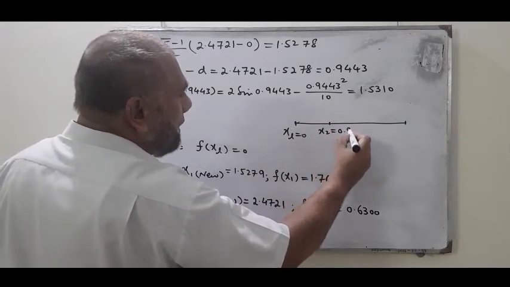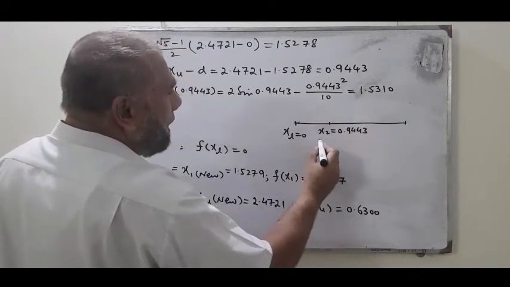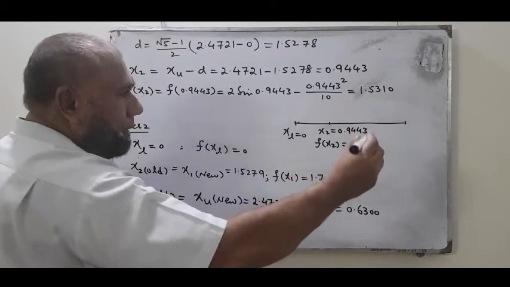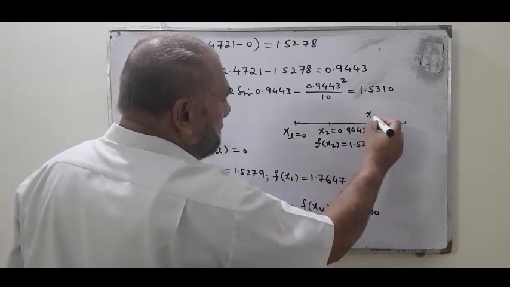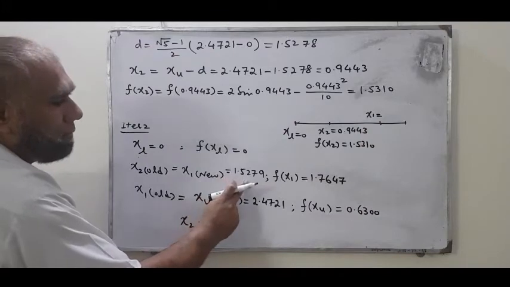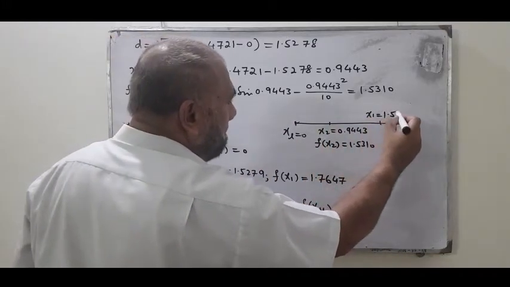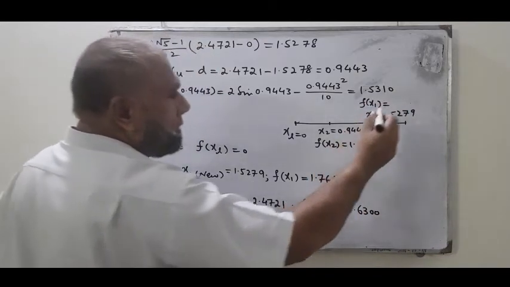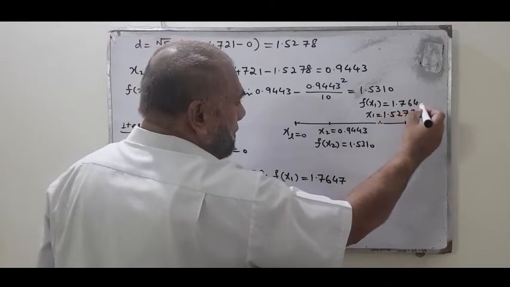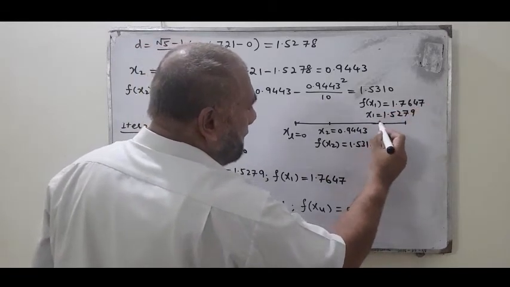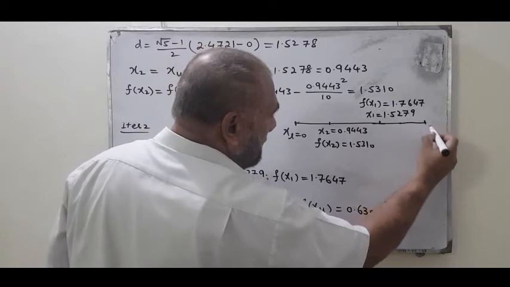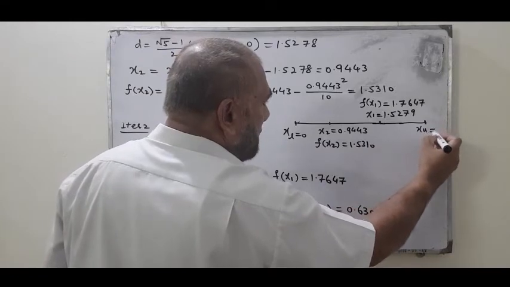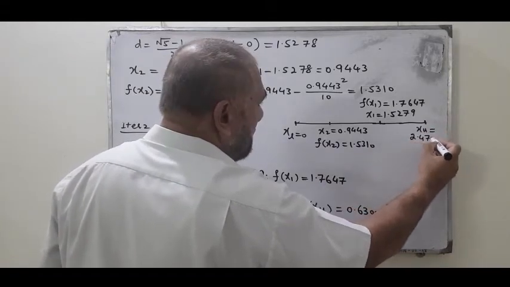This is equal to 0.9443, and the function's value at x2 is 1.5310. And on the right side we have x1, and x1 is 1.5279, and the function's value at x1 is 1.7647. And the right hand boundary point is always there, don't forget to write it. The right hand boundary is xu of course, and this is equal to 2.4721.